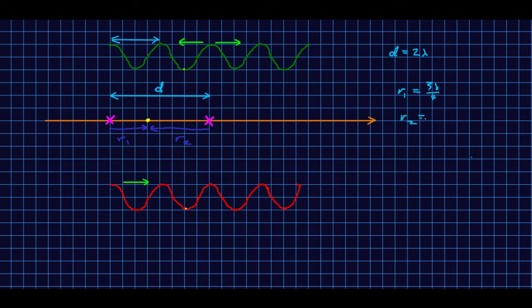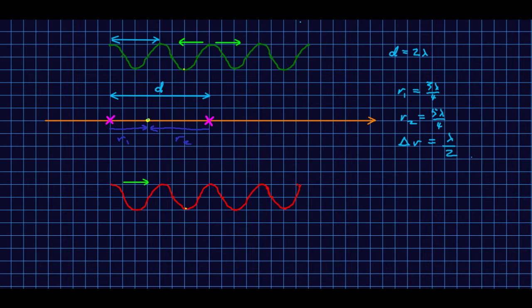And our R2 is 5/4 of a lambda. And so our delta R is lambda over 2, half a wavelength. And that means that crests arriving here from this source are arriving at the same time as whatever was leaving here half a cycle earlier, and that would be troughs, and so we get destructive interference here.